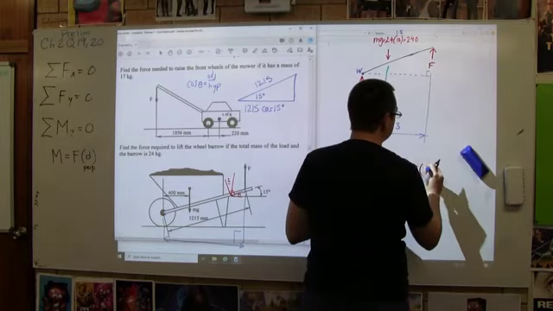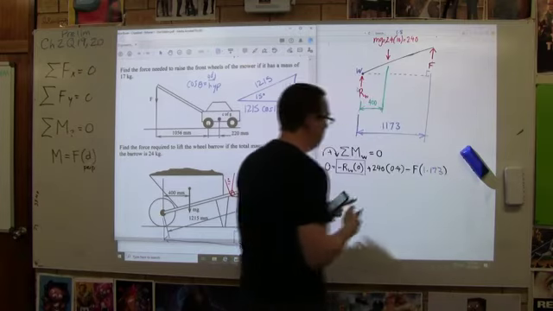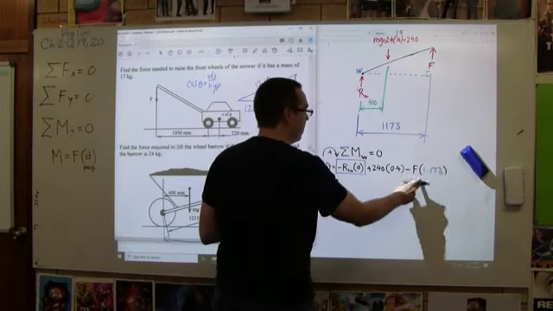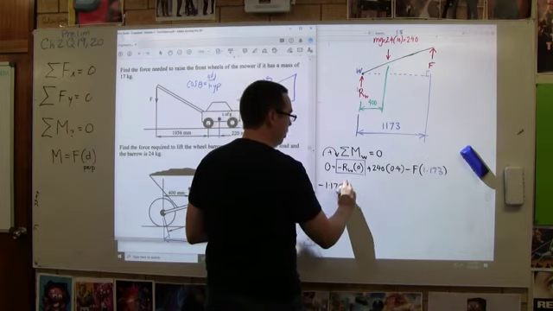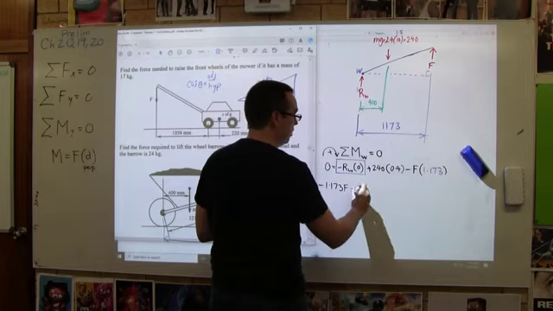I'm going to convert this into meters. I'm just showing you where that number came from, that's why I'm keeping it in blue. So what I can say now is minus 1.173F equals, we've already done 240 times that, we said it was 96, I'm pretty sure.